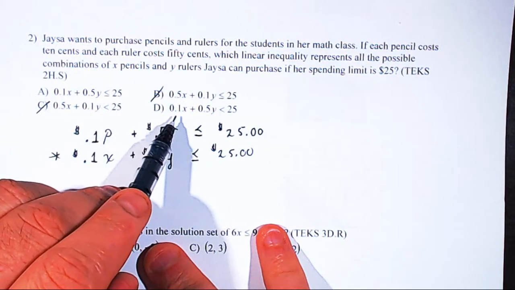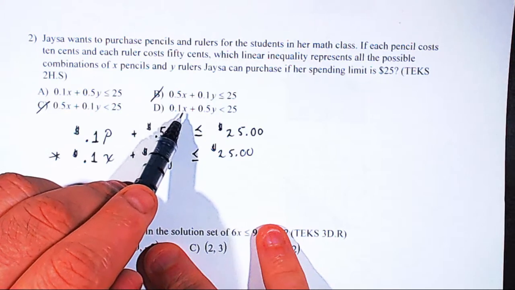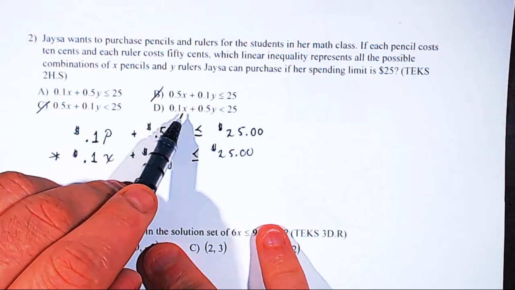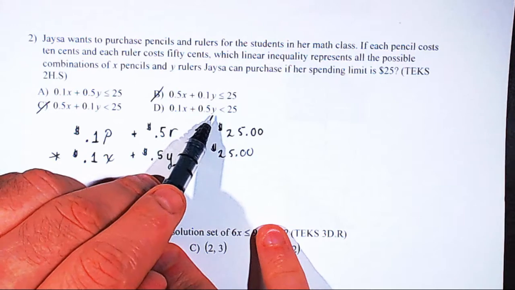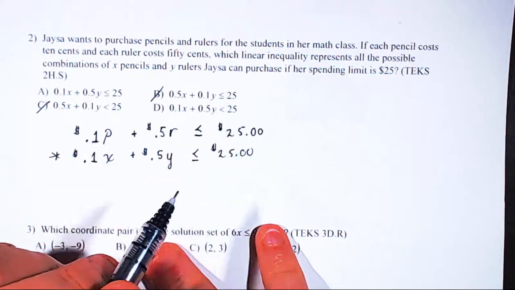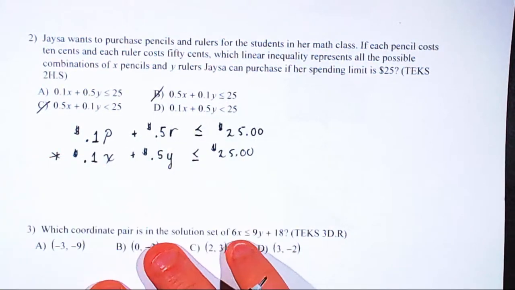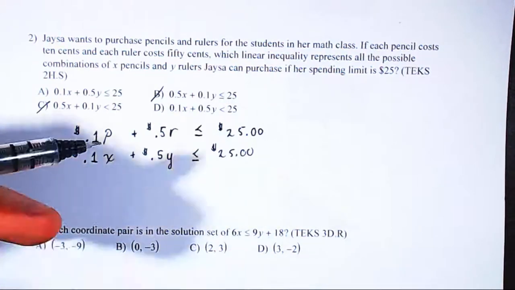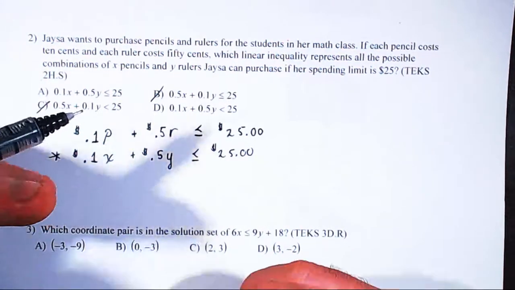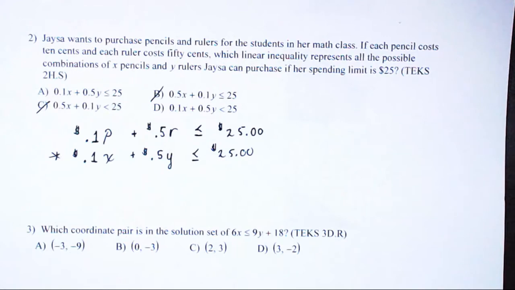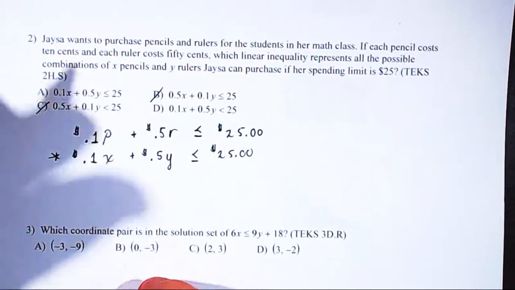Here they've actually got 0.1 with the right variable for pencils, so 10 cents per pencil plus 50 cents for ruler, but then they've got the wrong inequality symbol there. They've got less than $25. Remember, Jasa could spend up to 25, including 25. Okay, so up to and including, it's important.